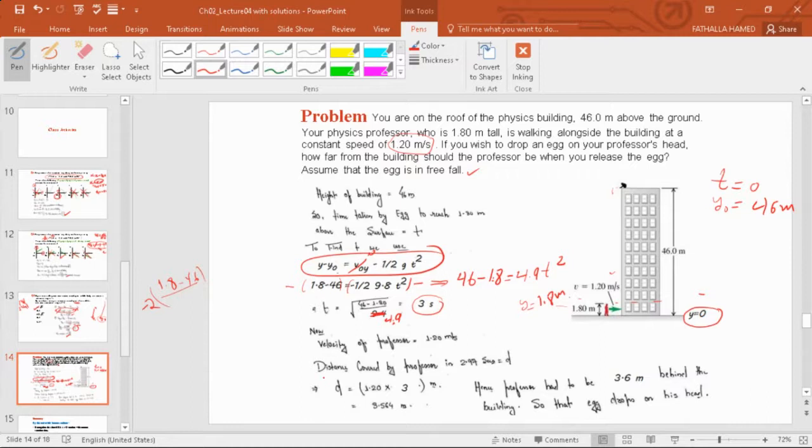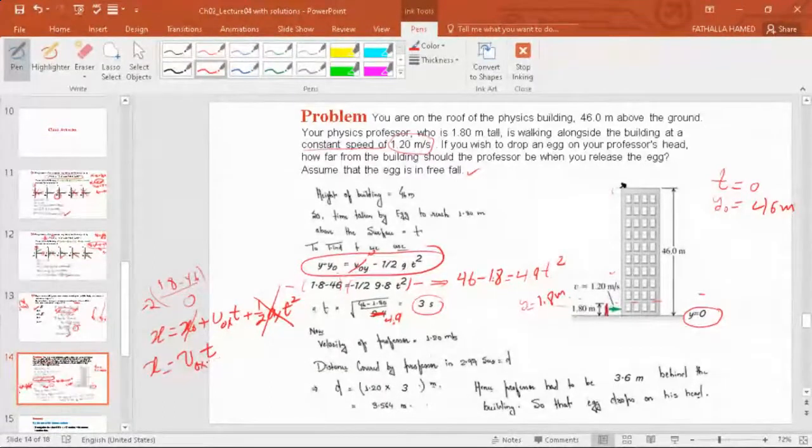Now you turn to the professor, and he's moving along the x-axis, and you know that x equals x0 plus v0x t plus 1/2 ax t squared. But they tell you he's moving with constant speed, so he has no acceleration here. And we can choose the x0 for him equal to 0. So his x here will equal vx times t, and vx is equal to 1.2.